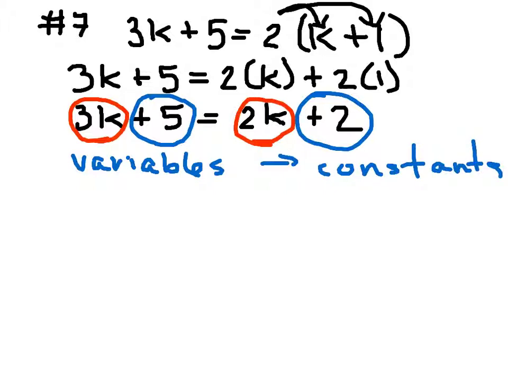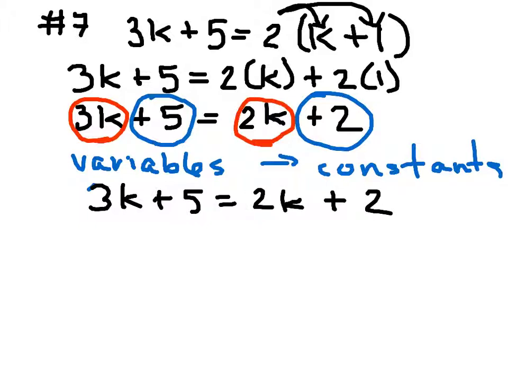All right, so let's go ahead and rewrite this now. So the first thing I'm going to do is take this equation once again. Let me use the same color. 3k plus 5 is equal to 2k plus 2. So let's put circles around these, and we're going to put circles around these.